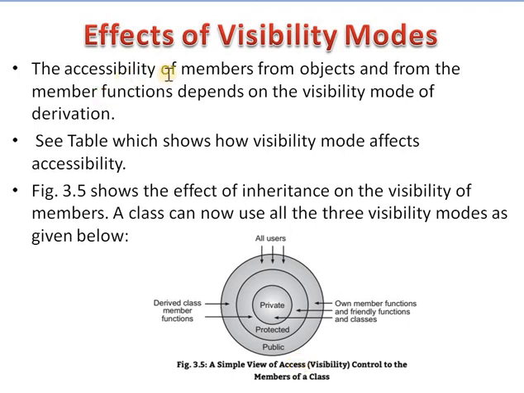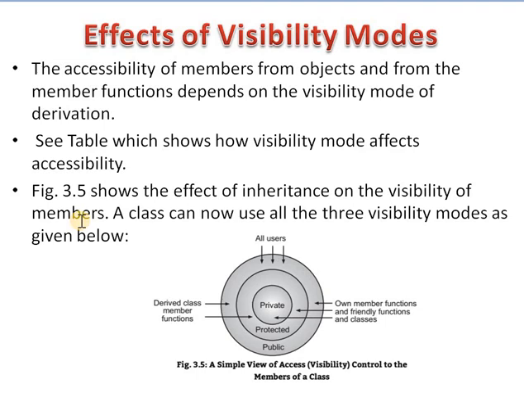The accessibility of members from objects and from the member functions depends on the visibility mode of the derivation. See the above table, which shows how visibility modes affect accessibility. That means the following figure shows the effect of inheritance on the visibility of the members.